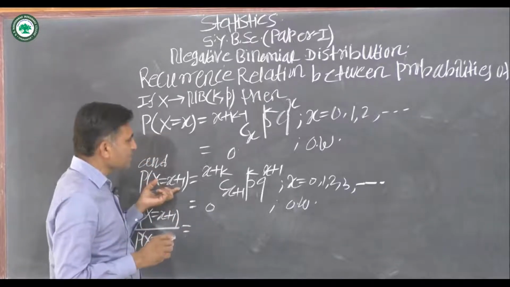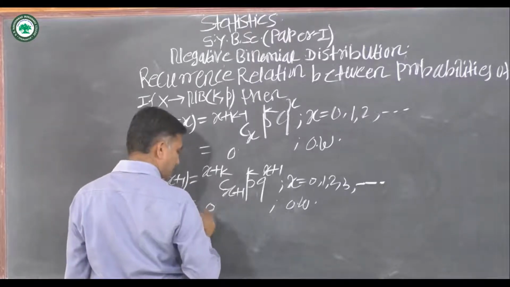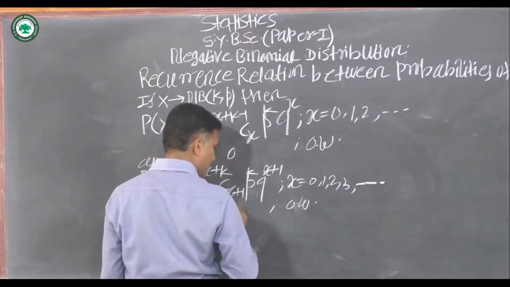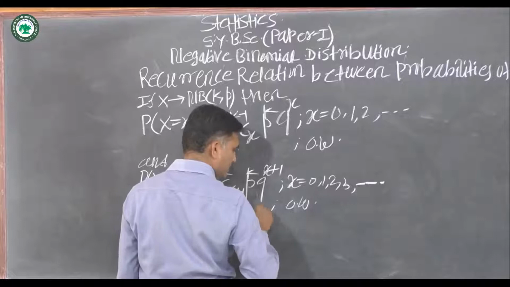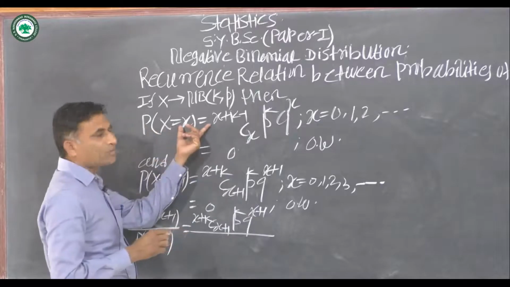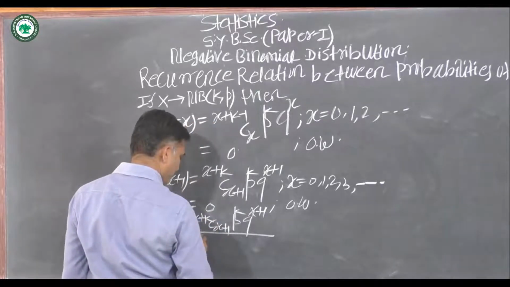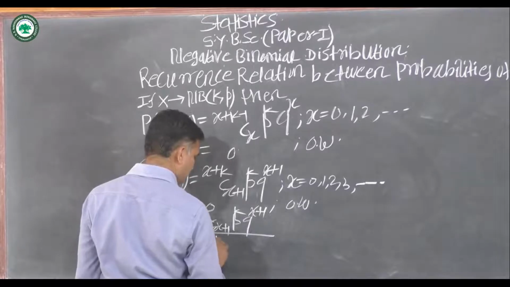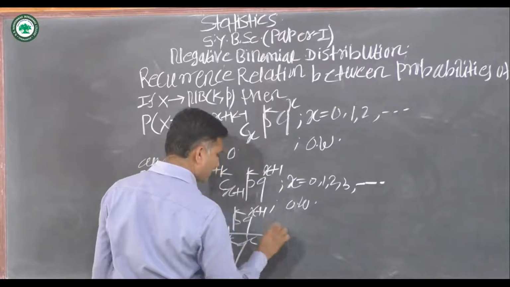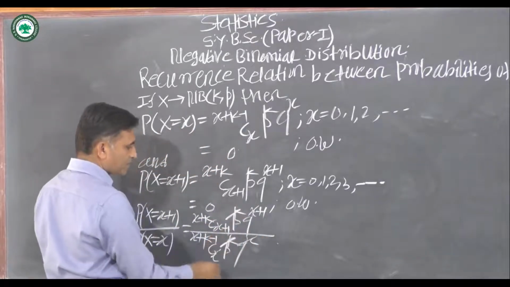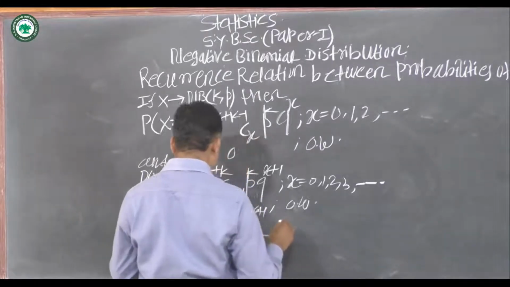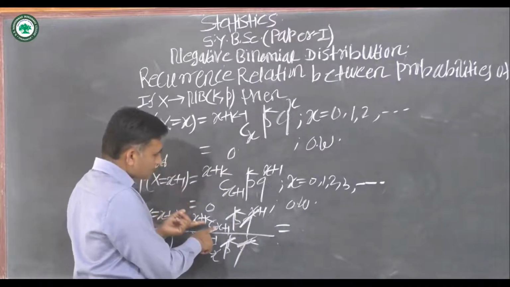which is equal to probability of X equal to x plus 1, that is x plus k c x plus 1 into p raised to k into q raised to x plus 1. This whole divided by probability of X equal to small x, that is x plus k minus 1 c x into p raised to k into q raised to x. Now here p raised to k gets cancelled, q raised to x again gets cancelled, and which is equal to this x plus k c x plus 1.